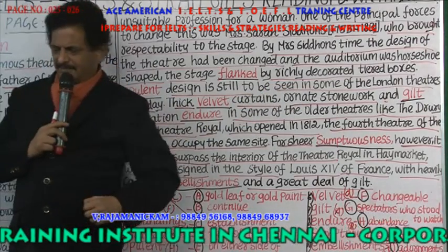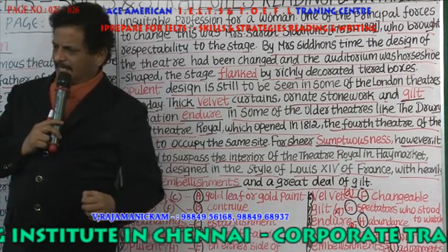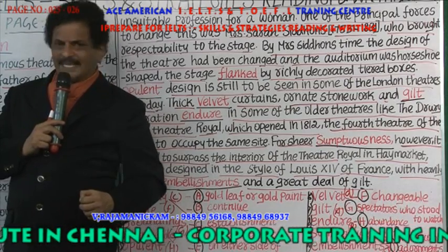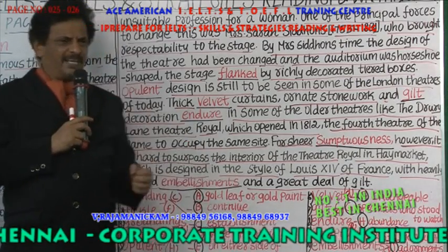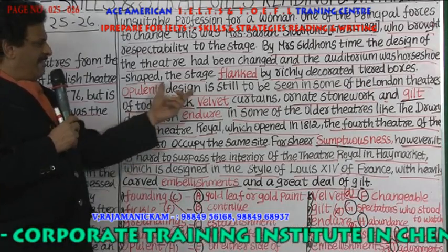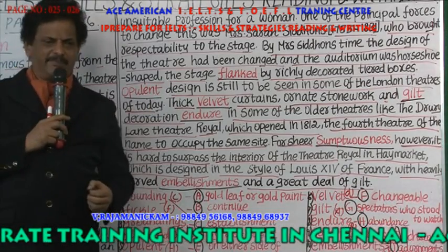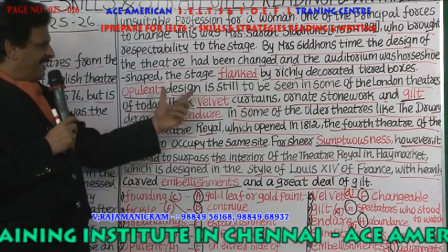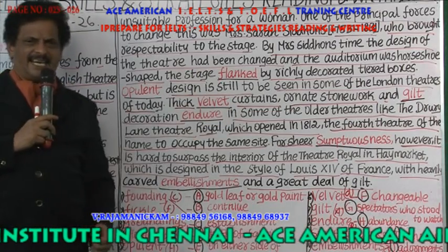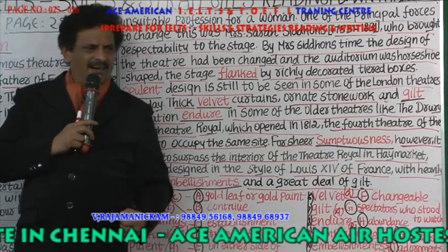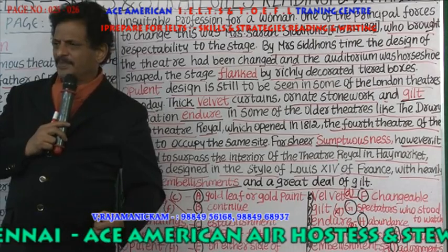Opulent என்றால் என்ன? ஏகப்பட்ட அதிக பொருட்செலவிலே செலவழித்து வடிவமைத்தார்கள் மேடையிலே. Of today, thick velvet curtains. Velvet curtains என்றால் என்ன? Curtains என்றால் திரை.